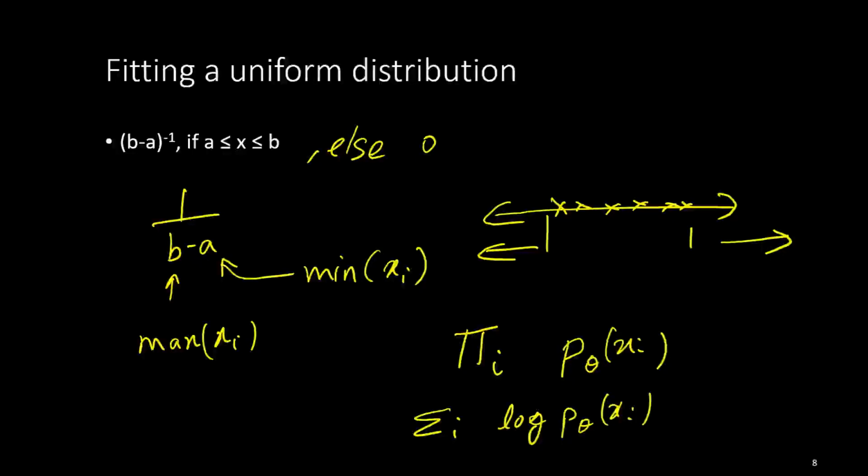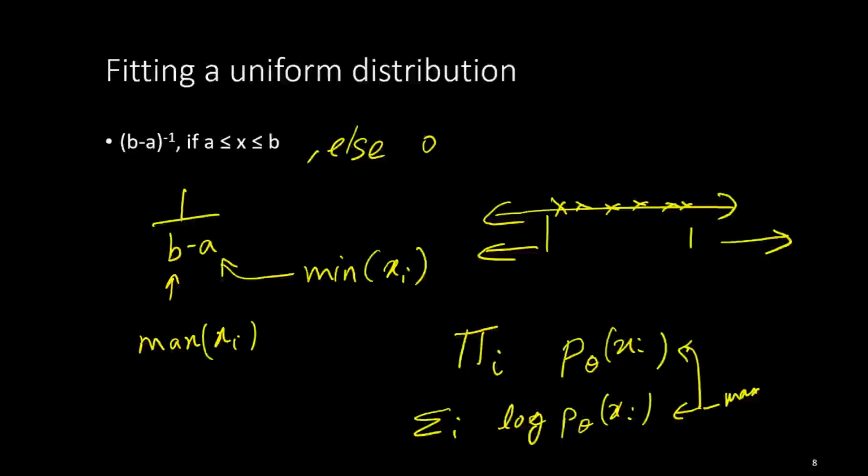So what we want to do is maximize either this or this. We want to find a theta. Theta is the parameter. So theta is mu or sigma in case of Gaussian, it is lambda in case of exponential, and it is a and b in case of uniform distribution.